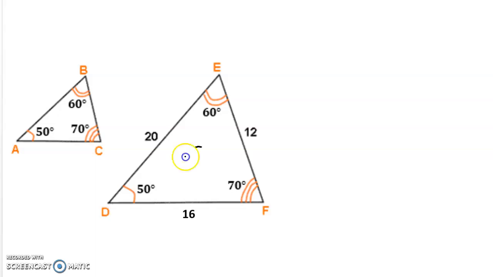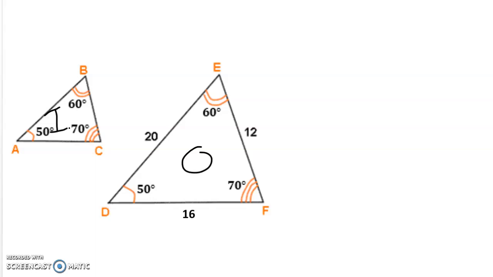I'll write O for original, and I for image. DEF is my original shape, and it's going to get dilated to become ABC. As you can see right off the bat, DEF is going to get smaller. It's going to shrink down.